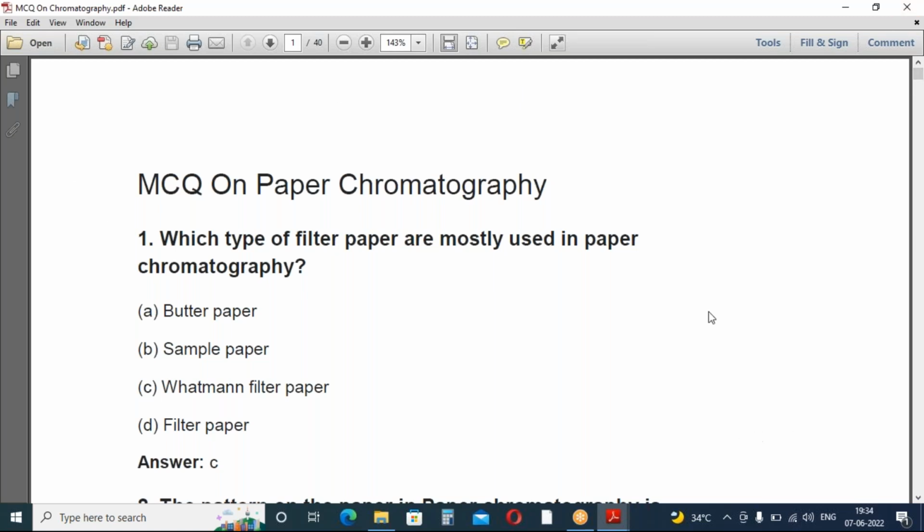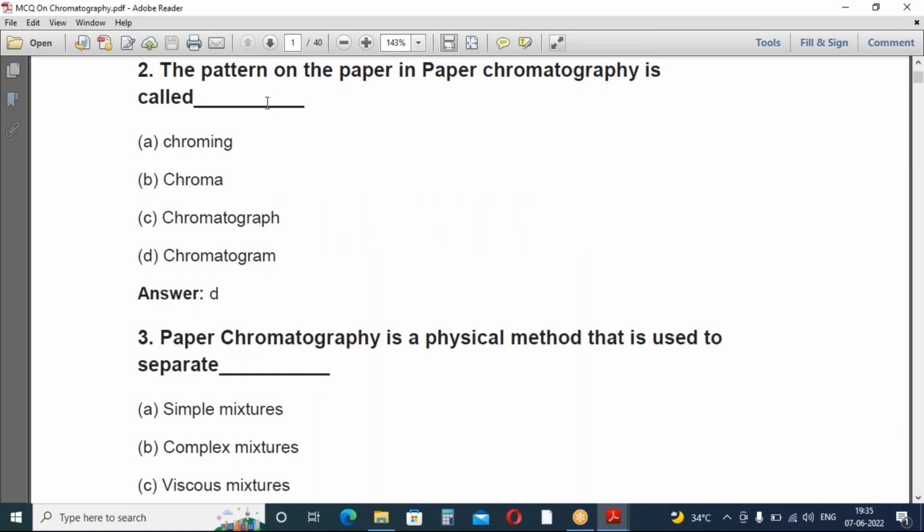Which type of filter paper is mostly used in paper chromatography? Whatman filter paper. And the pattern on the paper in paper chromatography is called what?